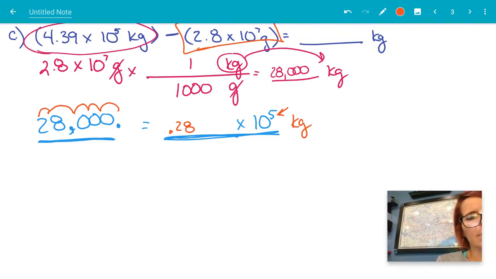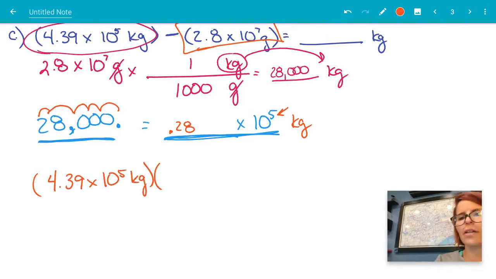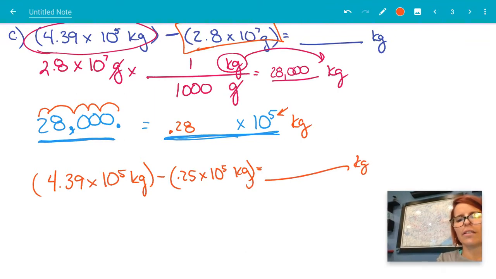So let's go back to the beginning. This is the first unit, 4.39 times 10 to the 5th kilograms. Oops, and I think it's a minus this time, right? Yeah, minus, and then 0.28 times 10 to the 5th kilograms equals, and our answer is going to be in kilograms.